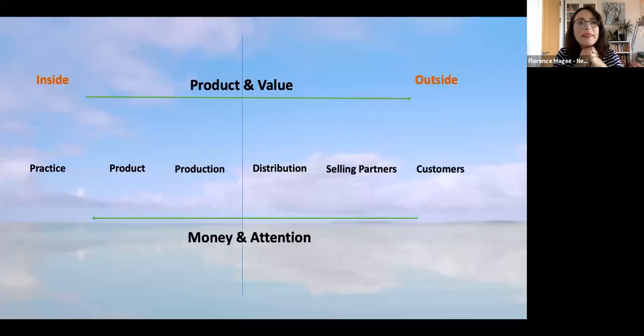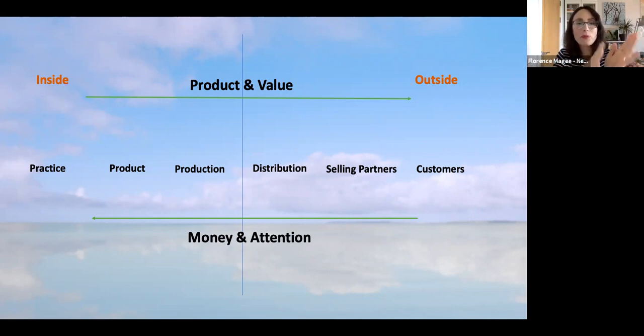Okay. So this is a little map of a business model, and there's many different maps, but it's to show you this is basically the map of your business. And we go from the core of what is at the heart of your business, which is your practice, to the outside, which is your customer. And we have basically two big flux that happen.